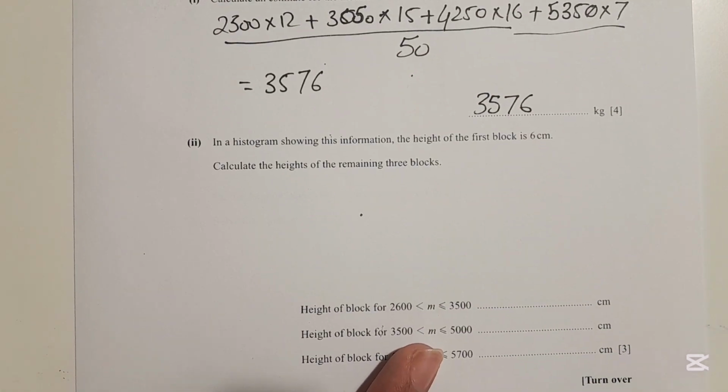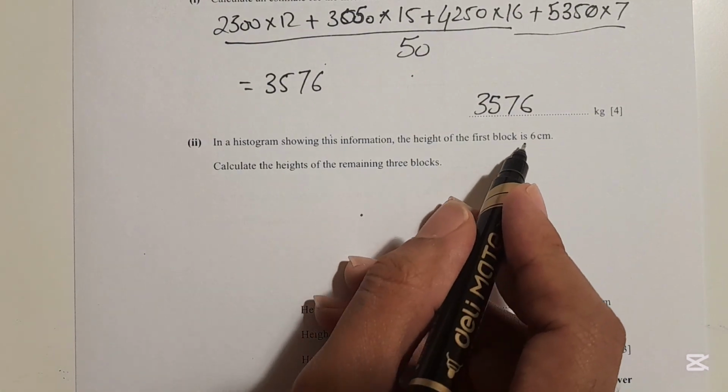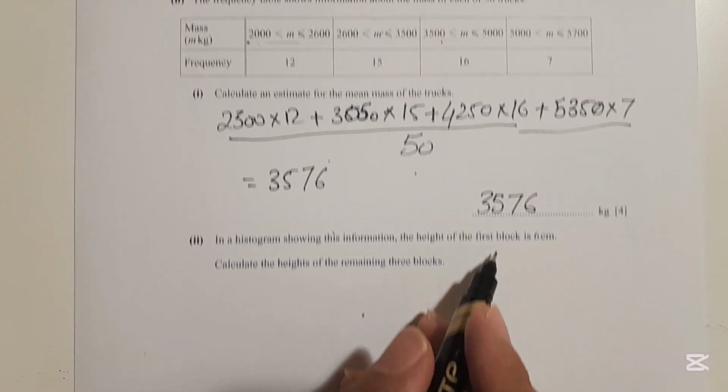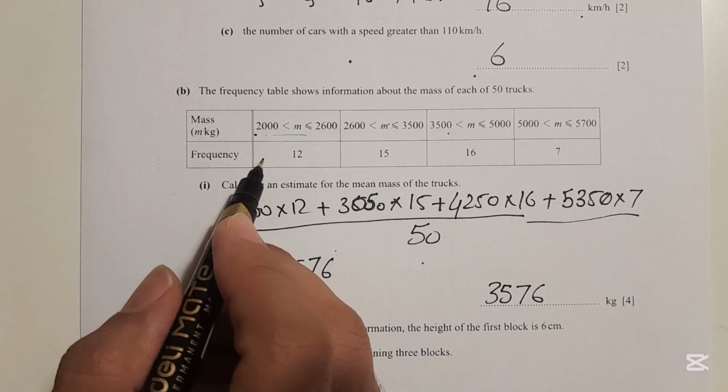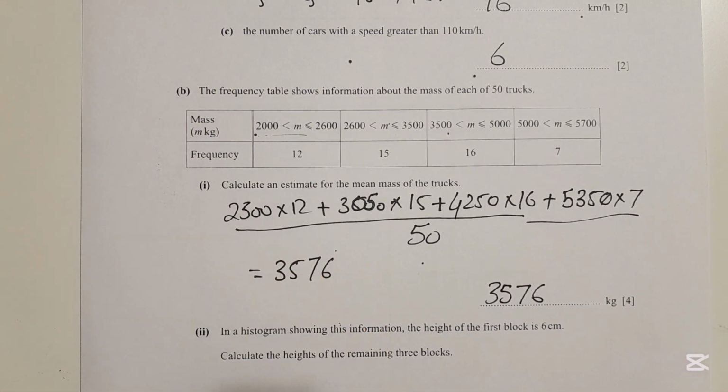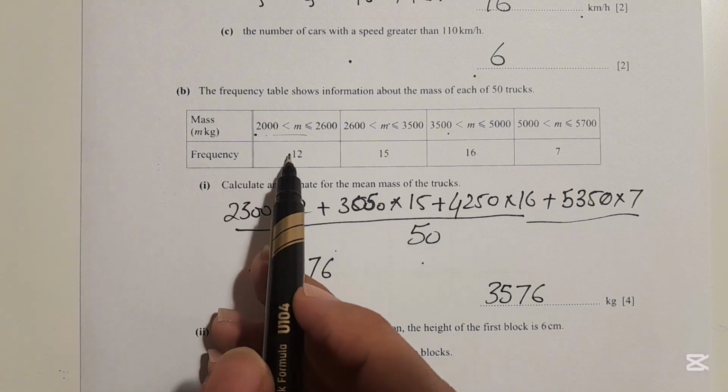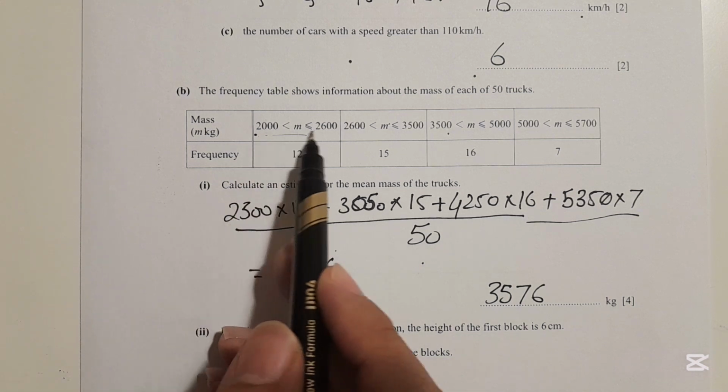Part 2 states in a histogram showing this information the height of the first block is 6 centimeters. So first we take the class width, which is 600.